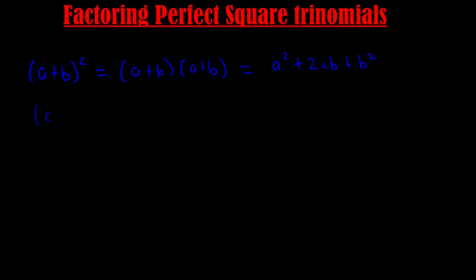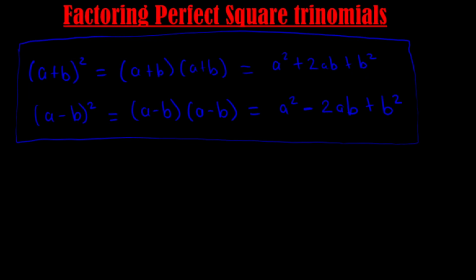Another one is (a minus b) all squared. Let me just point out that a and b can be any term. We would get a squared minus 2ab plus b squared. So we have just expanded both of these binomials, but we could flip this around.